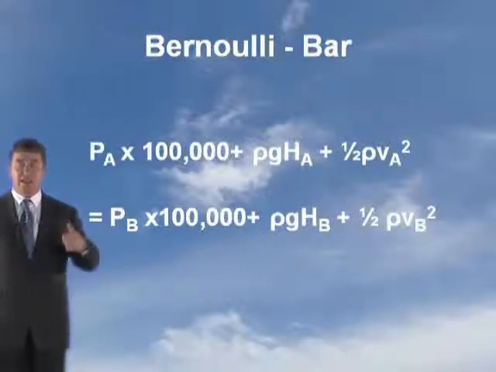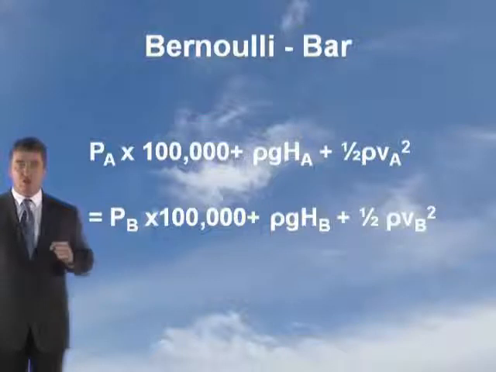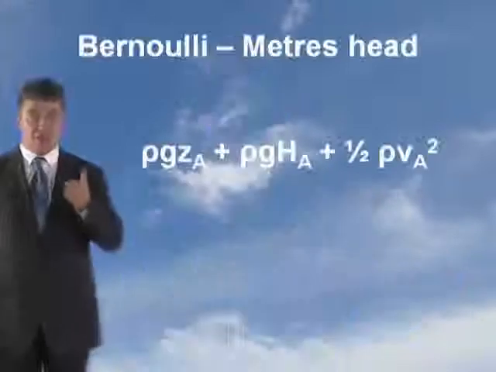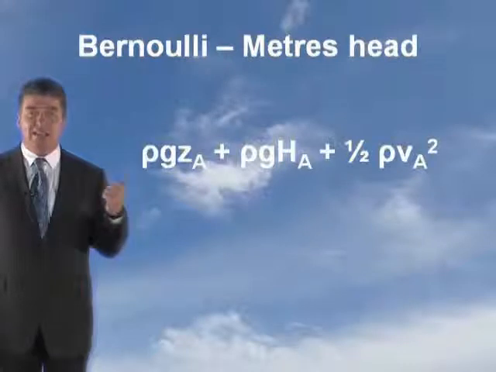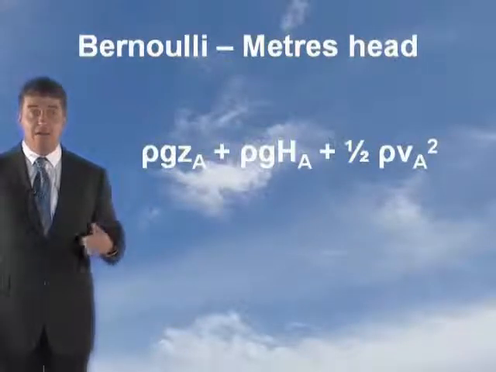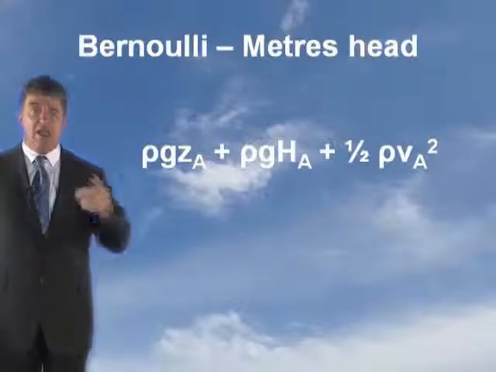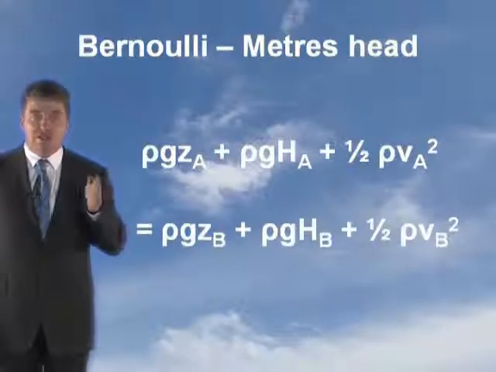The only difference is the pressure energy. In this case, it's PB times 100,000, not just PB. Now, if it's in metre head, this is the formula you need to pick up. If it's quoted in metre head, the first thing you get is rho GZA. This is the metre head pressure at A, plus rho GHA, plus half rho VA squared equals rho GZB.